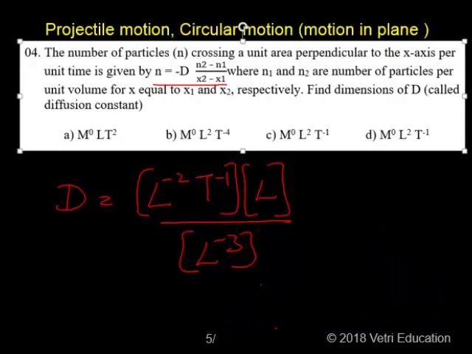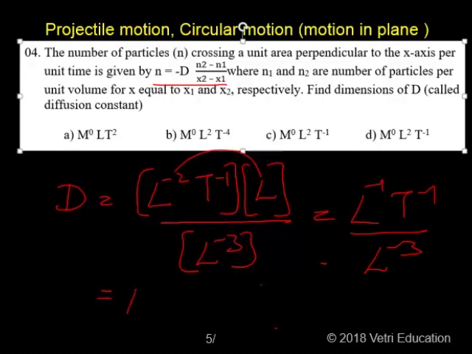So the answer is L^-2 times L, so it is going to be L^-1 T^-1. Because of this, the L^-3 in the denominator, if it goes to the numerator, it will become L^+3. L^+3 and L^-1 gives L squared, isn't it?